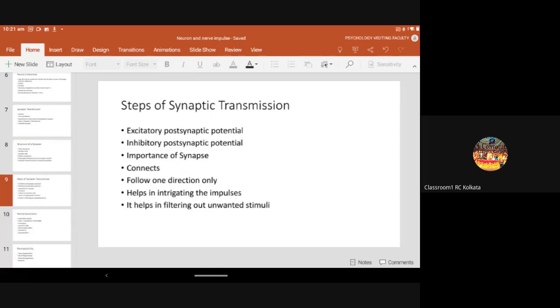Now these are the steps of synaptic transmission, like the excitatory postsynaptic potential, inhibitory postsynaptic potential, and the importance of synapse, how it is important.